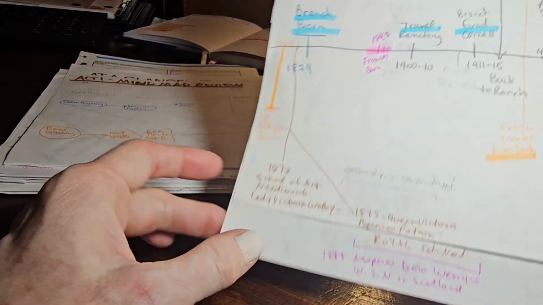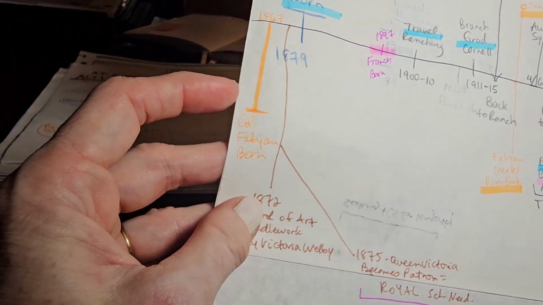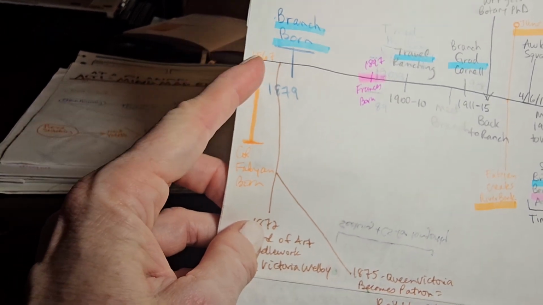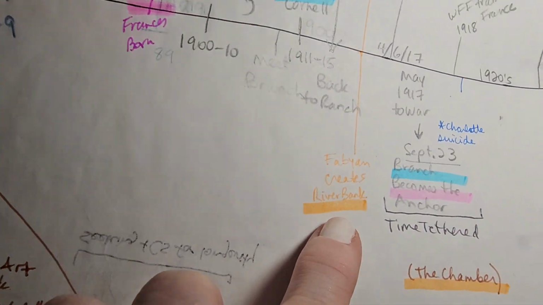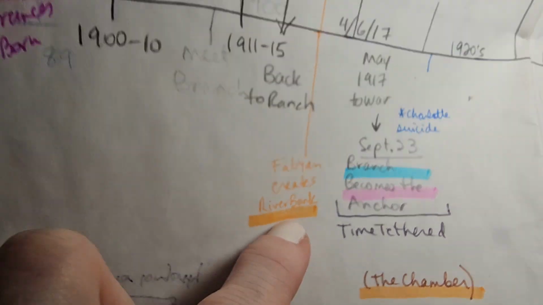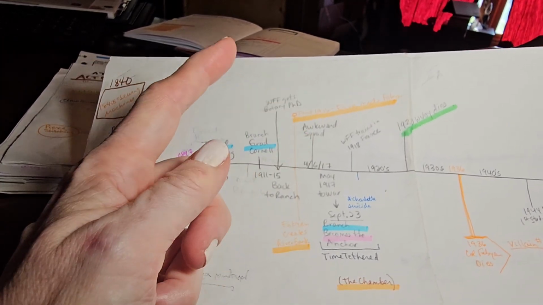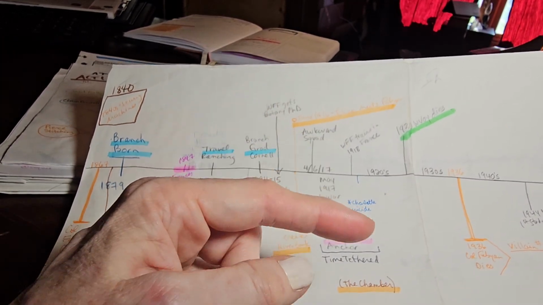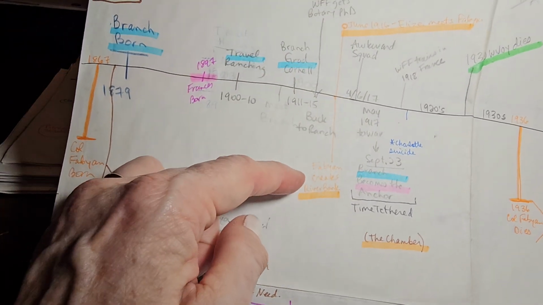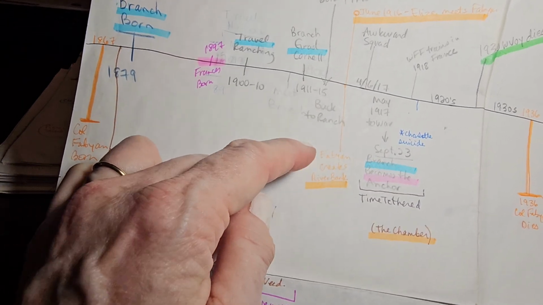Because I love to include historical elements in my stories, George Fabian figures prominently. So I had to know when he was born. And then if we go forward a little bit in time, Fabian creates Riverbank. Now, any of you that have been following me over in LiLLiPub and workshopping the chapters of my novel in my developmental edit, you know about Riverbank because we've just met Gretchen and Branch where they talk about how they work together at Riverbank.